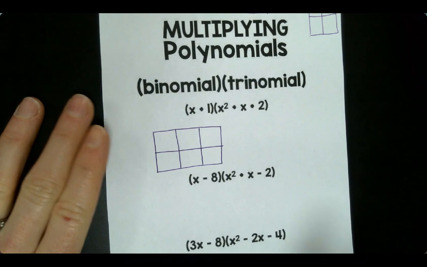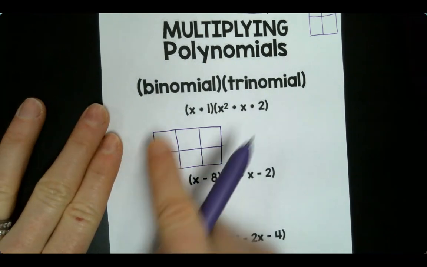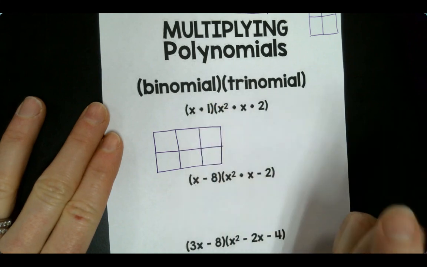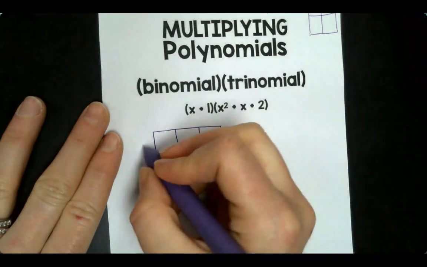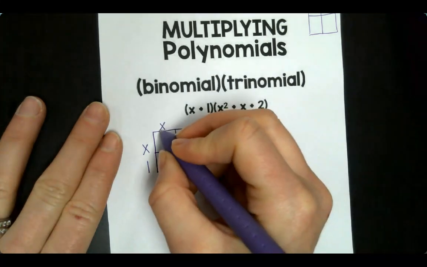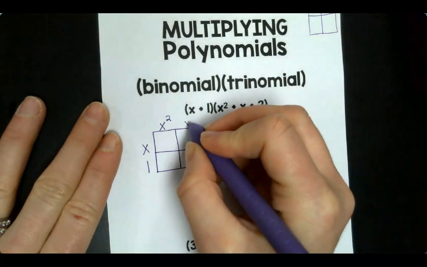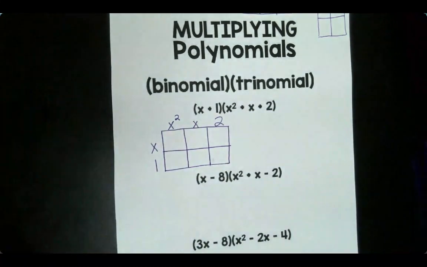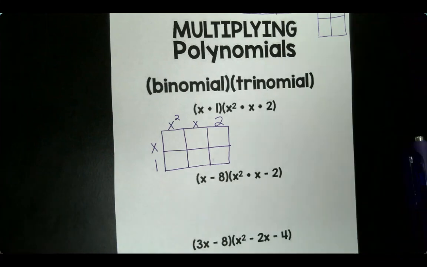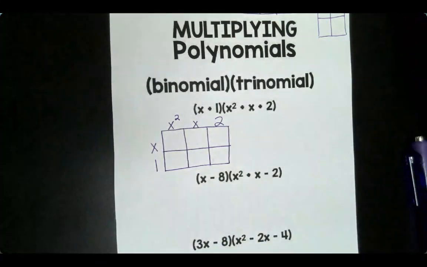And so the binomial is going to have to go down this side, and the trinomial is going to go on the top. So binomials 2 terms, trinomials 3. So I can do x plus 1, and then on the top, x squared, x, and 2. And I like to do different colors just to kind of keep it a little bit more organized. So that's why I do the different colors.